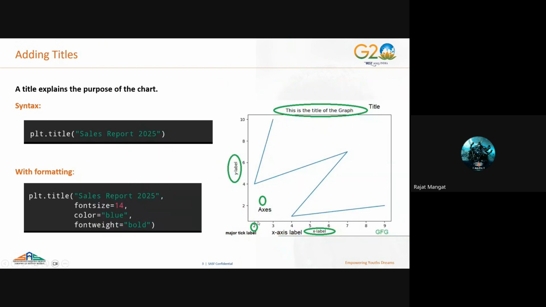Like on the x-axis, if we are plotting months, and on the y-axis we are plotting sales, they represent that particular value of that particular variable. Month will get plotted on x and sales will get plotted on y. We will see it in the example. So let's go through the example first.